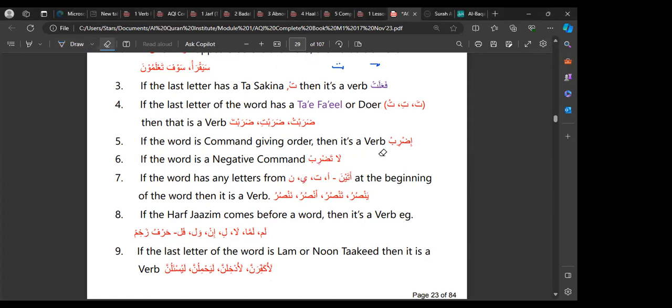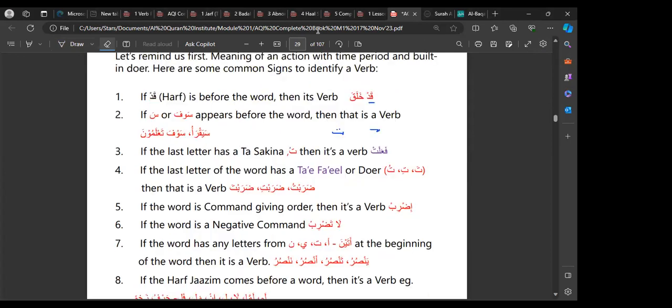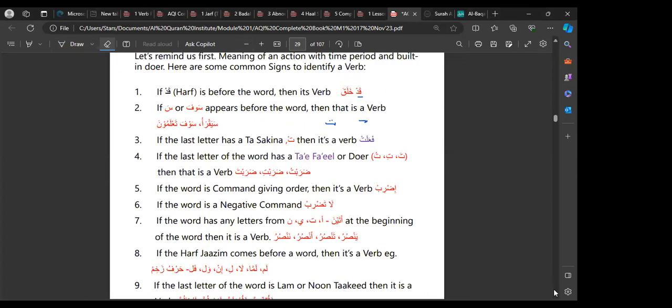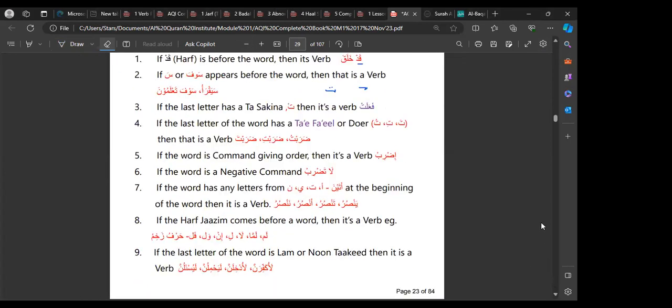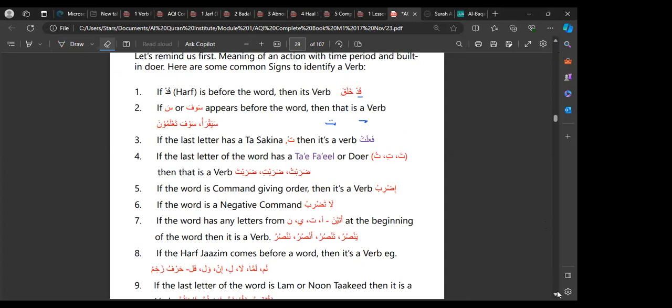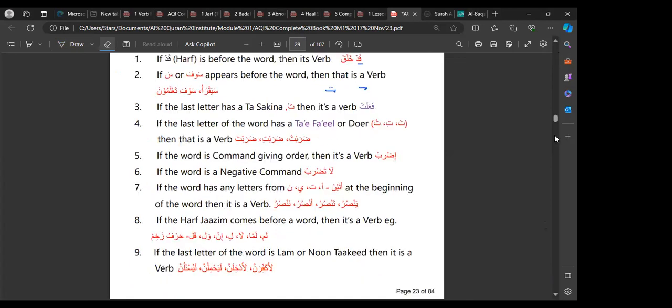Is it like number 9 to say is lam ta'keed and nun sakina? I'm not sure about noon sakina, but you can say lam and noon ta'keed. I think the name is extra lam at the beginning and extra nun at the end.